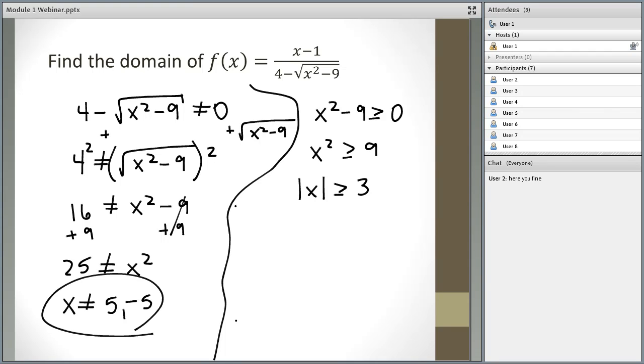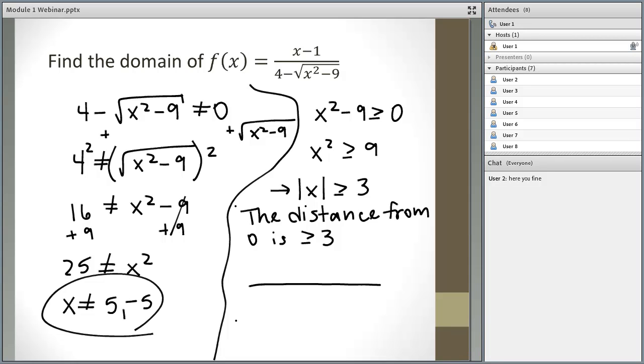So when I take the square root of both sides, I have an absolute value of x. And what an absolute value of x means in this case is that the distance from 0, and I'll draw this in a number line in just a minute, from 0 is greater than or equal to 3.